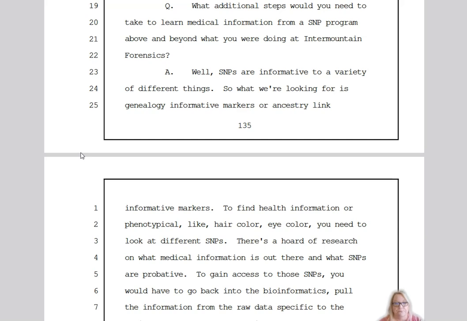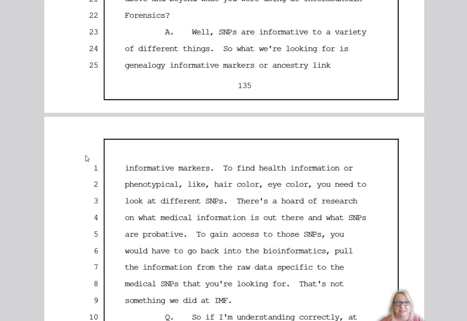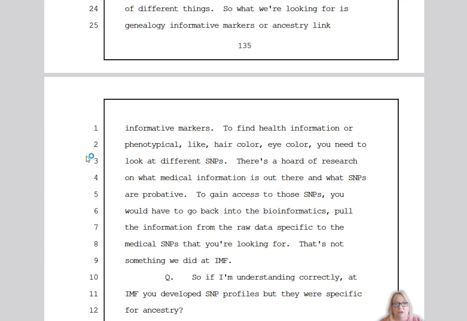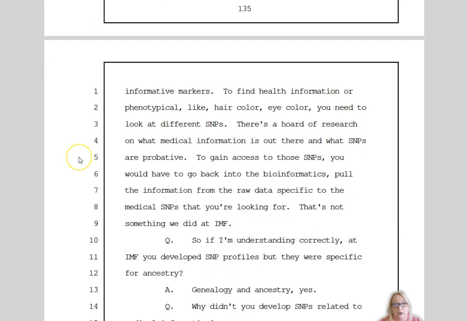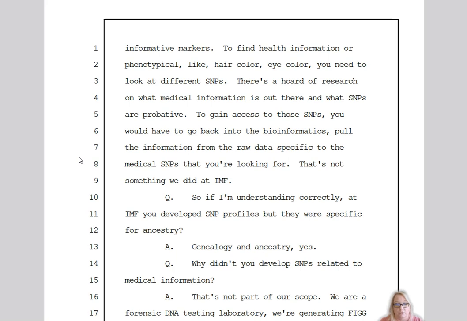He says, well, SNPs are informative of a variety of different things. So what we're looking at is genealogy informative markers or ancestry informative markers. To find health information or phenotypical traits, like hair color, eye color, you need to look at different SNPs.